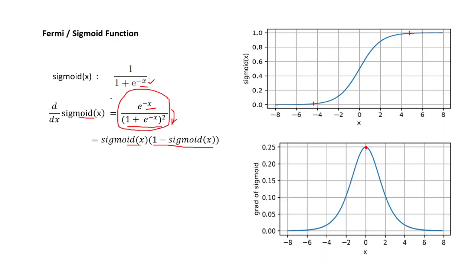At minus 8 or at 8, the value is constant in this sigmoid curve. So naturally the gradient of this function at high values in both negative and positive quadrants will move towards 0.